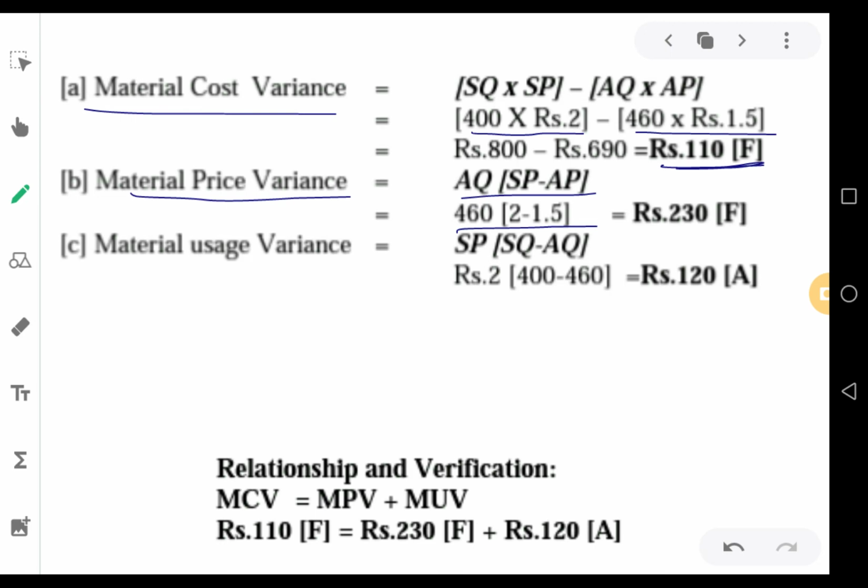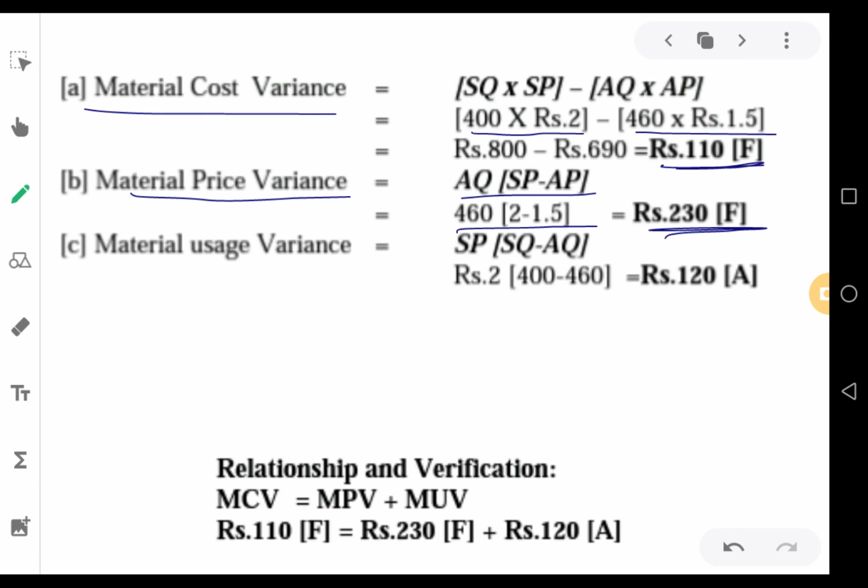The standard price is given as 2 rupees, minus actual price 1.5. So 2 minus 1.5 is 0.5. 0.5 into 460 should be 230. So again positive, so within brackets you have to write favorable variance.